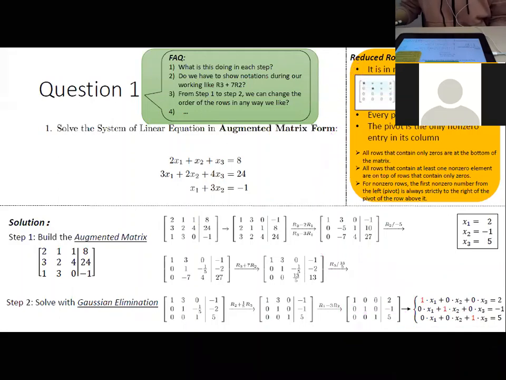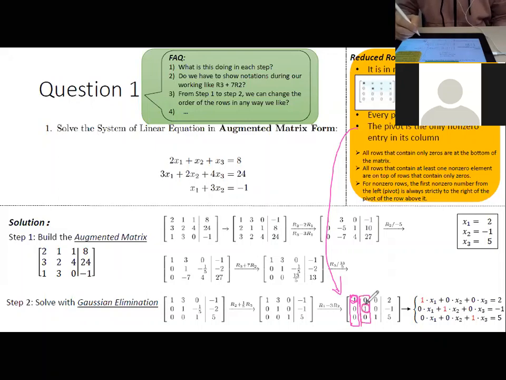Now we move to the third point. The pivot is the only non-zero entry in its column. Now we see this matrix again. This is the first column, and this is a pivot. We can see this pivot is the only non-zero element here. And now we move to the second column. And this is the pivot.